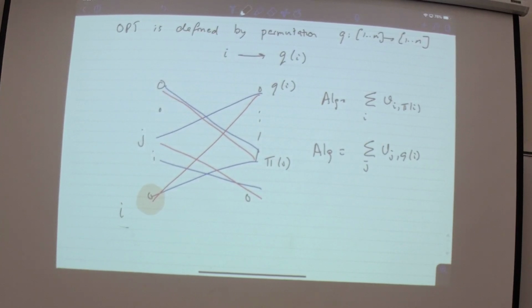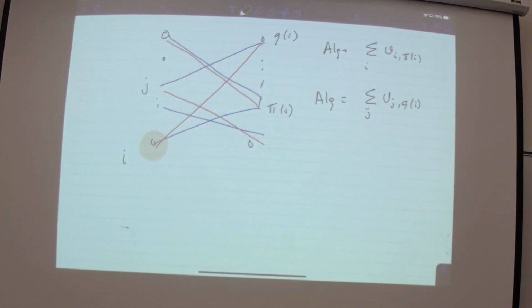So if I put them together, I can say that 2 times the algorithm cost is equal to the sum over I of V of I, comma pi of I plus V of J, comma Q of J. Okay?